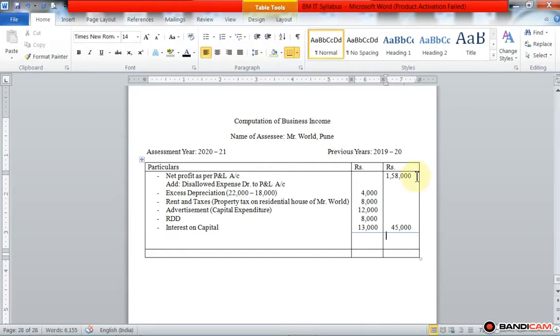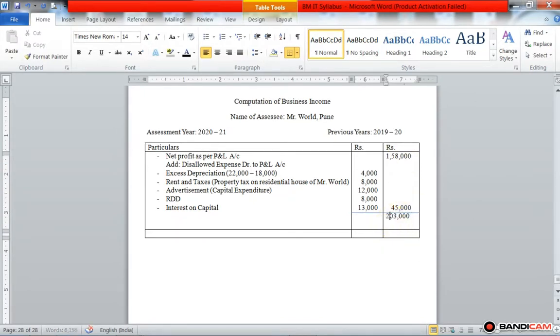This 45,000 is added to 1,58,000. Then we get 2,03,000. We get a net profit of 2,03,000. Then we deduct allowable expenses not recorded.